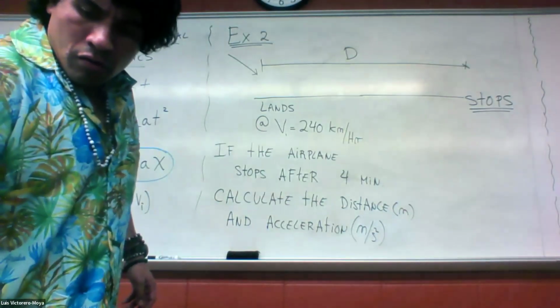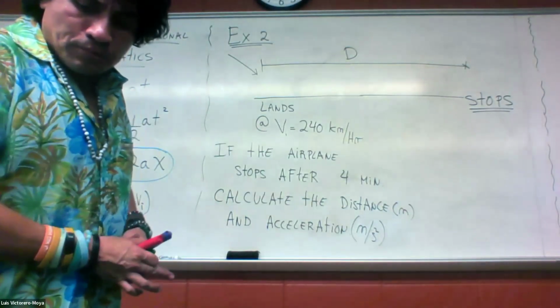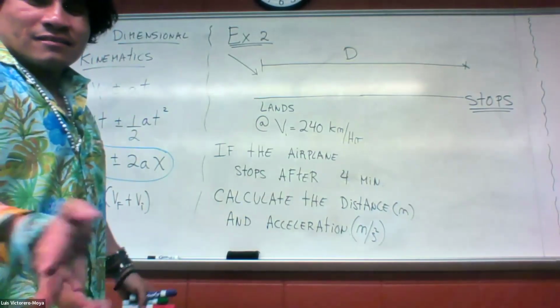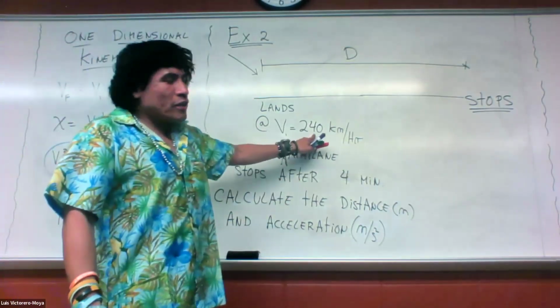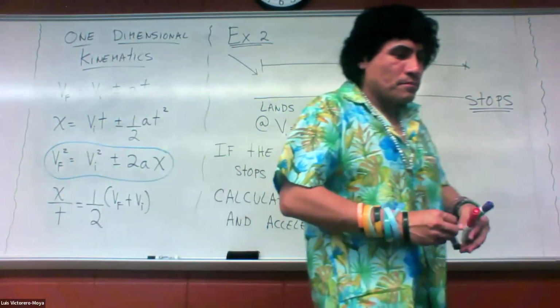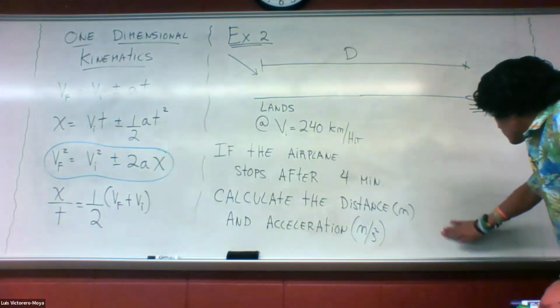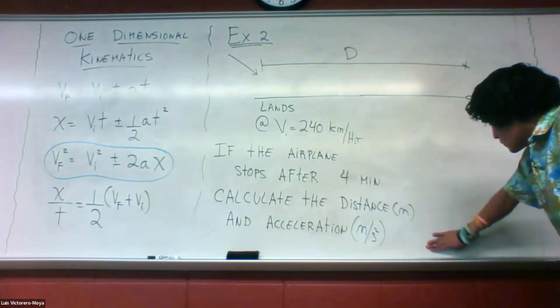So if you convert it, how do you convert, we just did it today, right? How do you convert 240 kilometers per hour to meters per second? We know that there's 1,000 meters in a kilometer and 60 times 60 seconds in an hour.